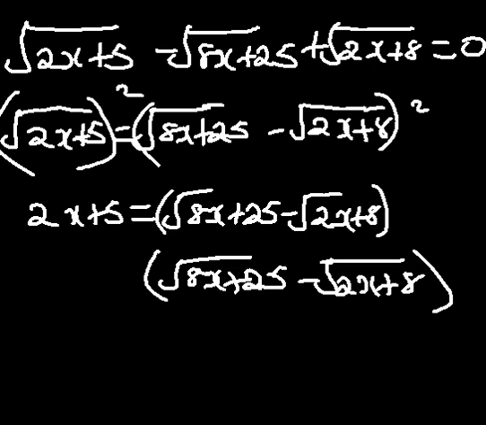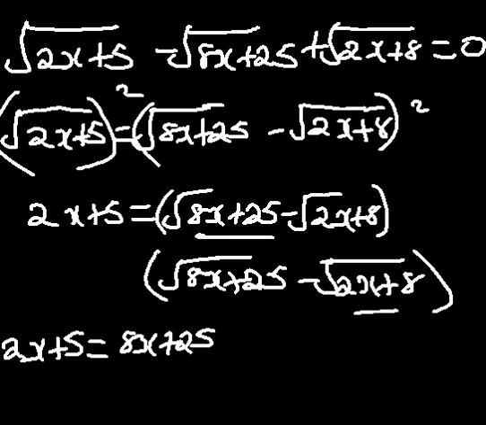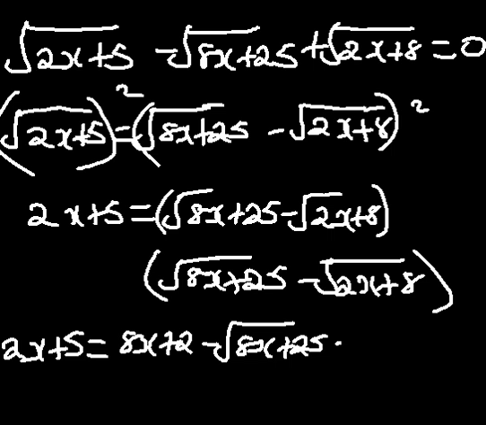Then I expand to have 2x plus 5 equal to, now this times this, which is 8x plus 25. Then this times this gives negative the square root of 8x plus 25 times the square root of 2x plus 8.